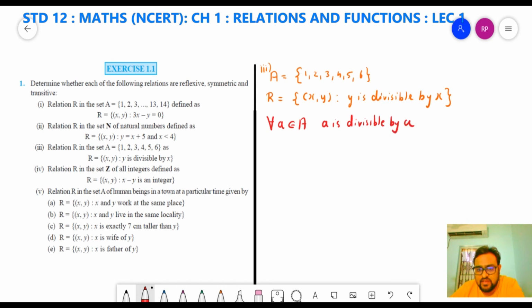So what does that mean? (a, a) belongs to R. Here (1, 1), (2, 2), (3, 3), (4, 4), (5, 5), (6, 6) will belong to R, because the number will be divisible by itself. Therefore, it is reflexive.